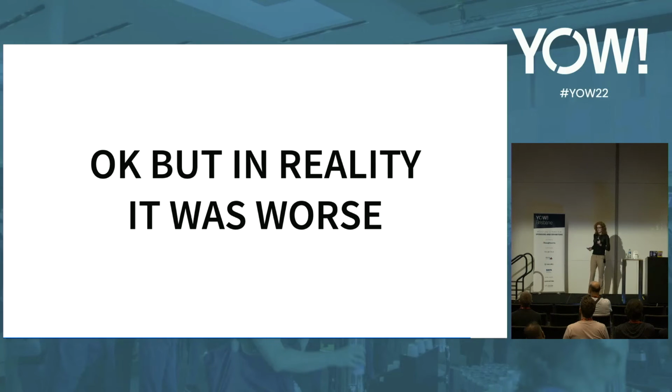And in reality, it was slightly worse than this, because the limit on the number of messages that we would store in memory was applied not at the partition level, but it was actually applied at the consumer level, at the process level. So this meant that as these queues started to back up, this one partition was sort of eating up all of the memory capacity of our consumers.